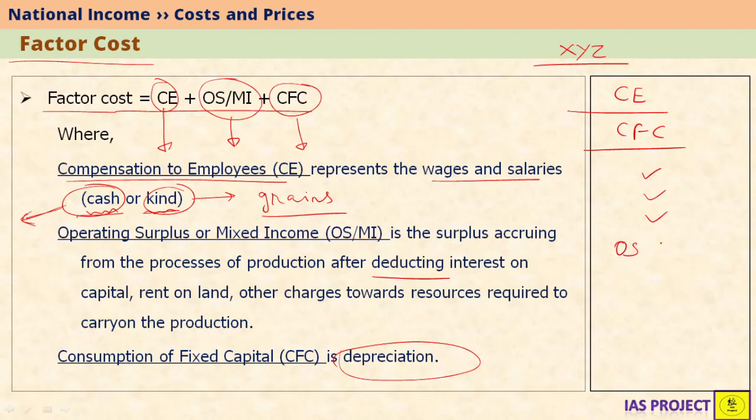It is called mixed income in case of unincorporated companies. It is called operating surplus in case of incorporated companies. So the terminology is different, but what they mean is the same. So factor cost is nothing but compensation to employees plus operating surplus or mixed income plus consumption of fixed capital.